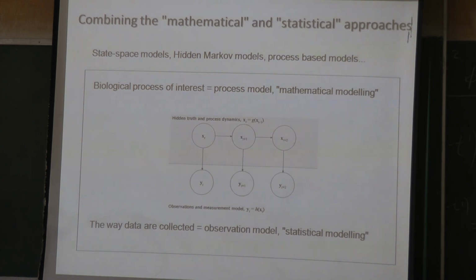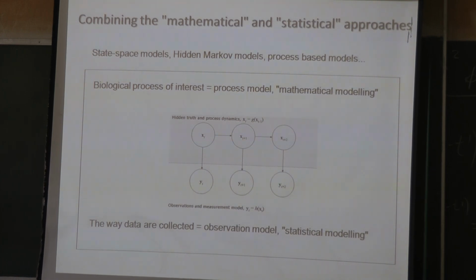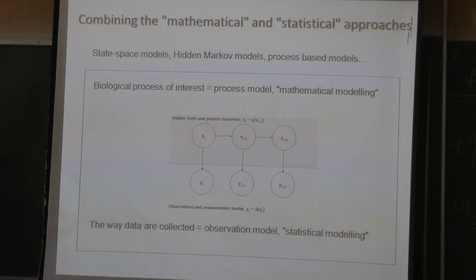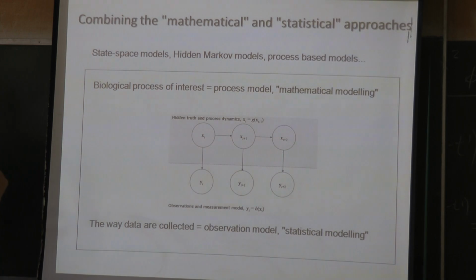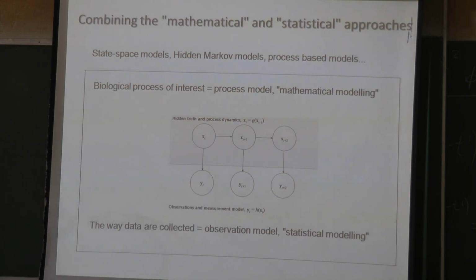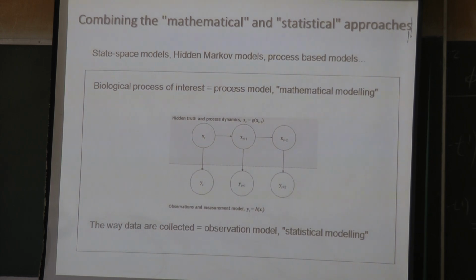That model would exist even if nobody went there and observed the butterflies. Whereas these stochastic links here denoted the observations, and they were parameterized in terms of the capture probability. That is, if you go there, if the butterfly would be there, then what's the probability that you see it?